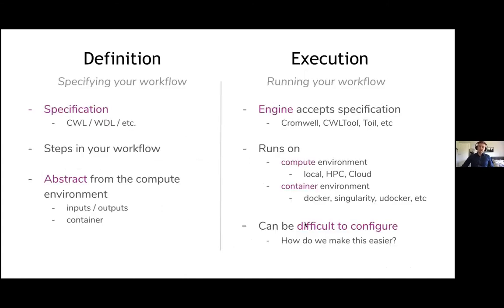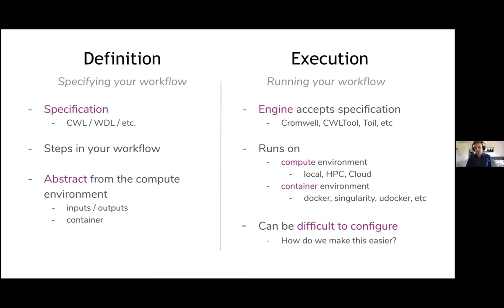So we talked about the definition, which is specifying your workflow and specifying your analysis. The specifications we've considered are CWL and WDL, which help us describe the steps in our workflow. And importantly, the definition is abstract from the compute environment, but has inputs and outputs in a container. But now we consider how we run our workflows.